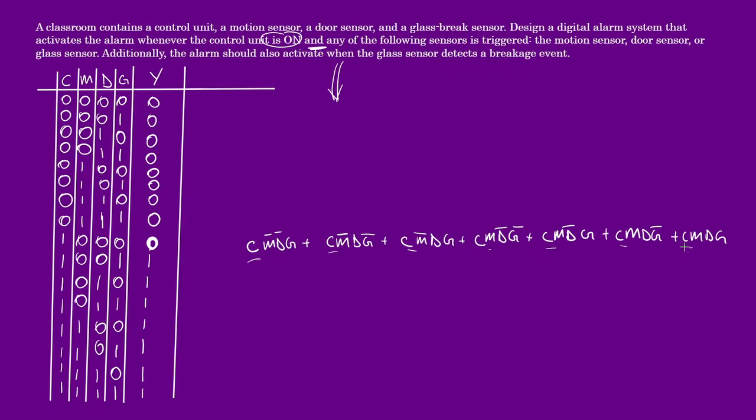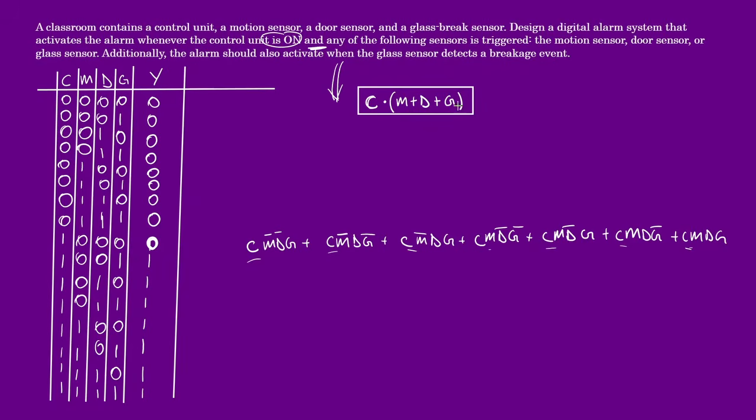So instead, for a simpler problem, writing out every region where your output is high would be the way to go. But because we can simplify our problem, we'll say that this can be expressed as C, our control unit, and M or D or G.